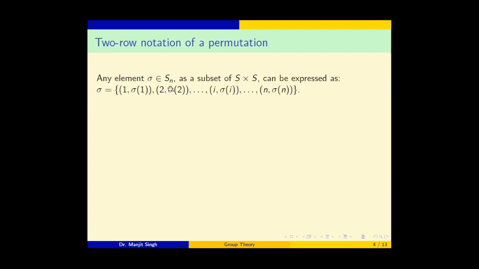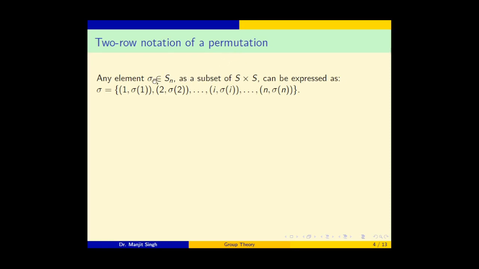Now elements of Sn are permutations, and we will see how to represent a permutation. This is the two-row notation of a permutation that we will study here.